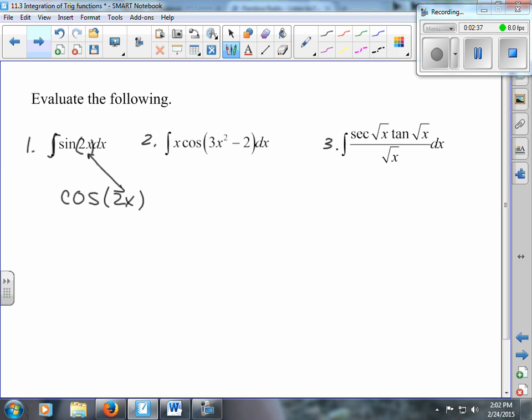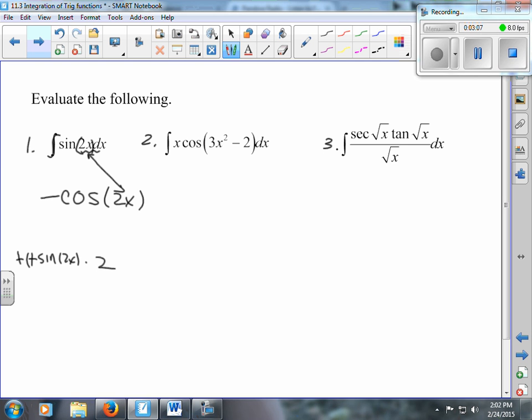I know it's not, though, because the derivative of cosine is negative sine. So I must have had a negative to start with, so that when I did the derivative of negative cosine of x, I got negative sine of 2x. Because the derivative of cosine is negative sine, and then those would cancel, and I'd have back the original that I have there. But also, when I had done this derivative, I should have multiplied by 2 because of the chain rule.